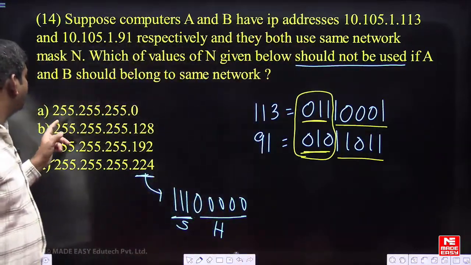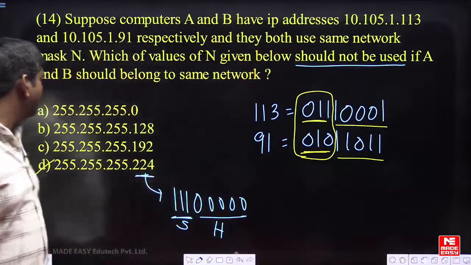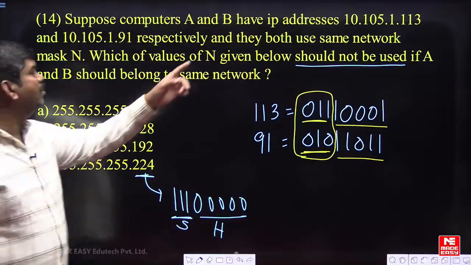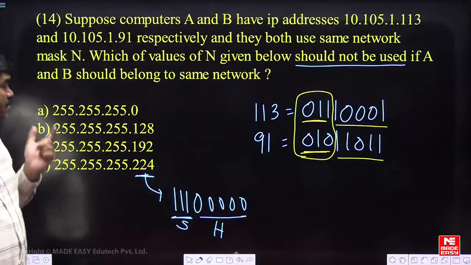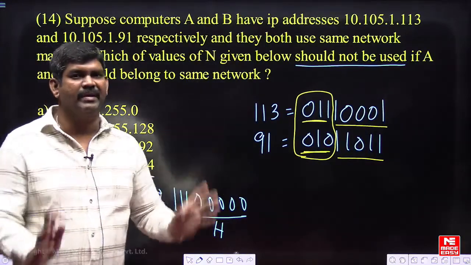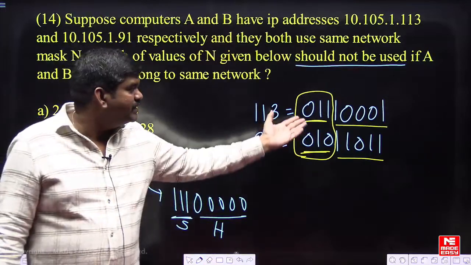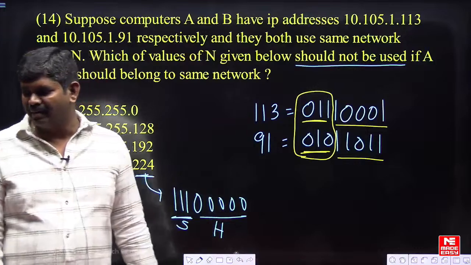If I go for option B, then also both will be in the same network. If I use option C, then both computers, 113 and 91, will be in the same network. But if I use this 224 as a mask, these two computers can never be in the same network. Why? Because the prefix is different. Prefix is different means network is different. That is the meaning of the question.